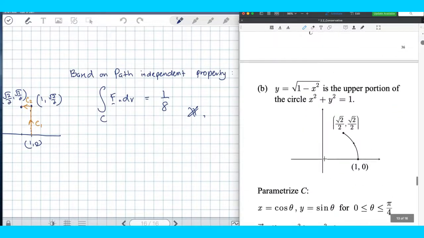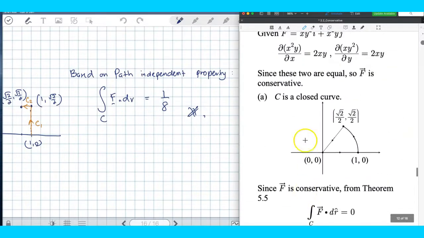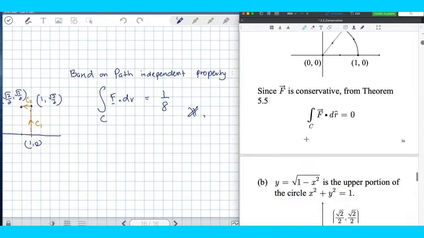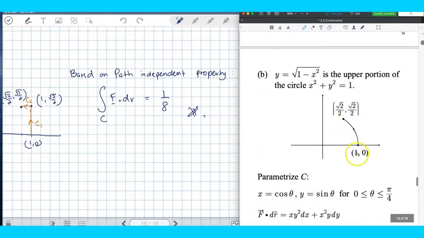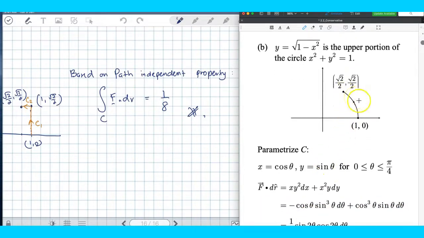Okay, but in this case the answer is actually given, but if you look at the result in B, from 1 0 to this point, this step uses the standard calculation where you have to find the vector function, meaning you have to find the parametric equation of the circle where x is cos theta and y is sin theta, and then you have to find the specific angle using the point that you are given here.